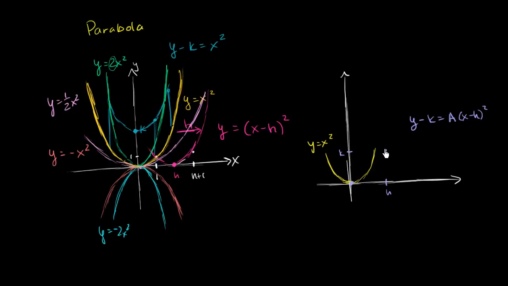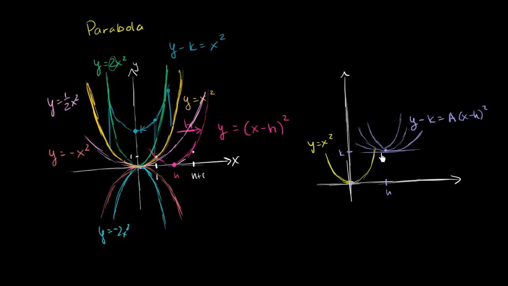If a is equal to 1, it's going to look the same. It's going to have the same opening. If a is greater than 1, it's going to be steeper like this. If a is less than 1 but greater than 0, it's just going to be wider opening like that. If a is 0, then it just turns into a flat line.